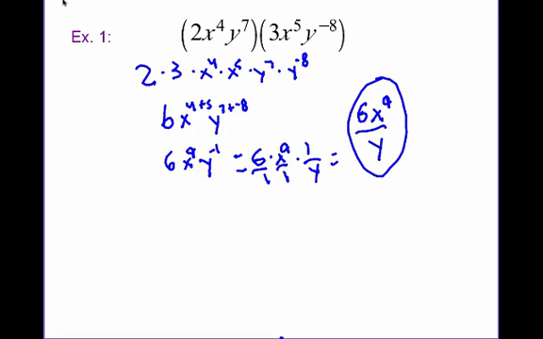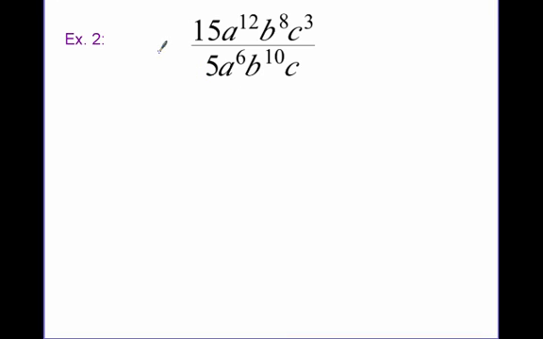Let's take a look at a second example. We've got 15, a to the 12th, b to the 8th, c to the 3rd, divided by 5, a to the 6th, b to the 10th, c. So, seems kind of confusing, but if we break this all out, it'll make it much easier. So let's separate everything out into like terms first.